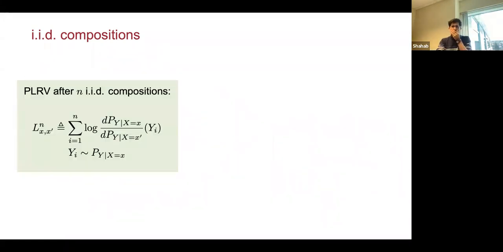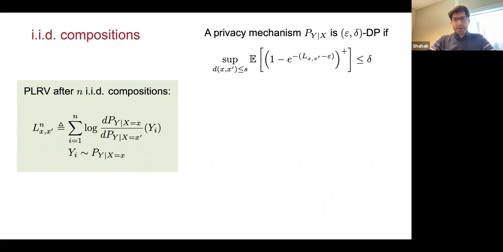Okay, so this is actually the privacy loss random variable after n IID composition, the sum of a bunch of IID random variables. And this is the original definition of epsilon-delta DP. Now what we can do is plug this definition of the composition into this definition, and then we say that the composition is epsilon-delta DP.